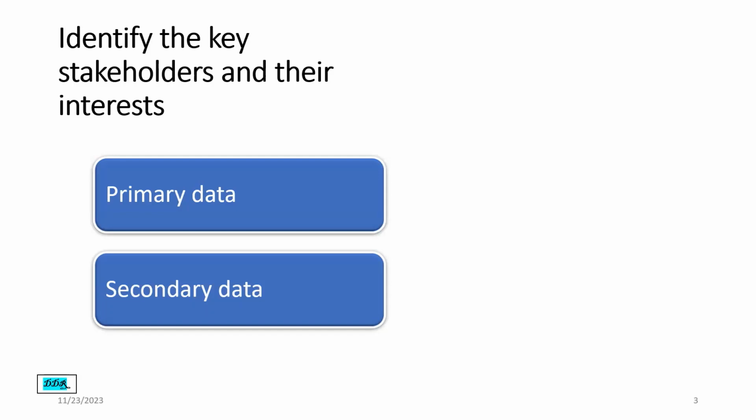And primary data, we can collect as and when required. Both primary and secondary data can be obtained from surveys, observations, experiments, questionnaires, personal interviews, government publications, websites, and so on.